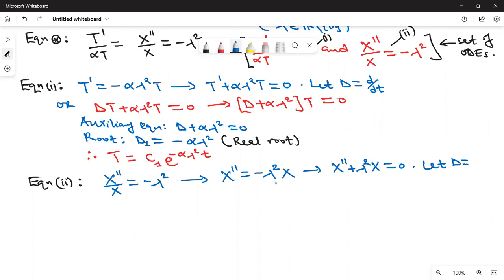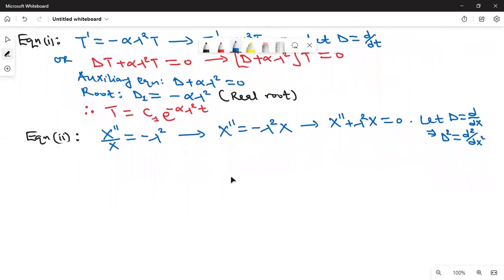We let d be equal to the derivative with respect to x, so that d squared will be the second derivative with respect to x. Our equation can now be written as d squared operating on x plus lambda squared x is equal to 0.